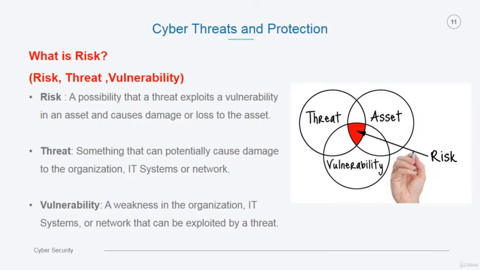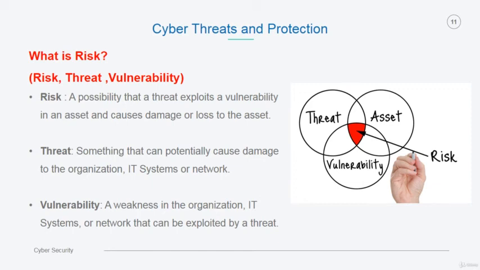What is risk? In this slide, we will differentiate between risk, threat, and vulnerability. Risk is a possibility that a threat exploits a vulnerability in an asset and causes damage or loss to the asset. Threat is something that can potentially cause damage to the organization, IT system, or network.